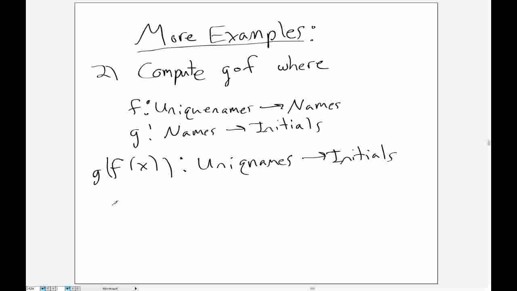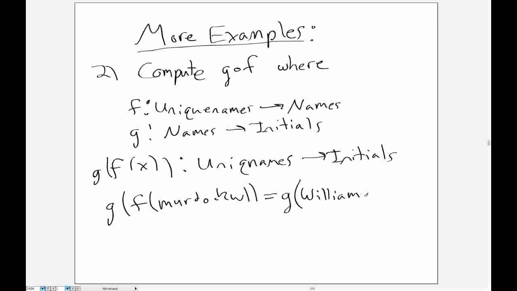So then let's use my unique name for an example. g of f of Murdoch W would be g of William Murdoch, because f will map a unique name to my name, which would then equal WM, because those are my initials, and g maps a name to initials.